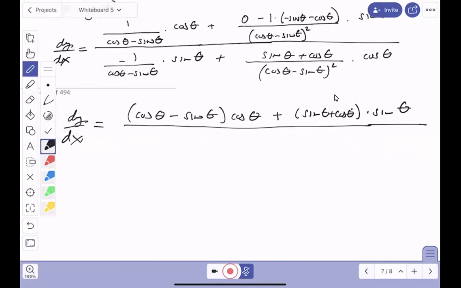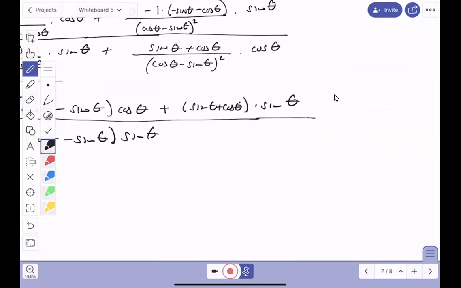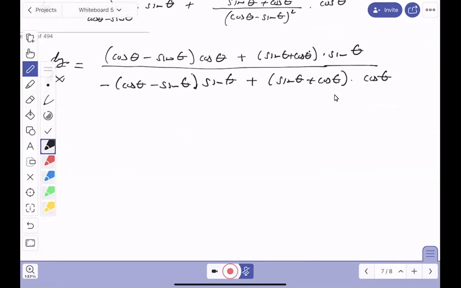Minus cosine theta minus sine theta, sine theta. Plus sine theta plus cosine theta times cosine theta. Let's keep going. And what do you get over there?